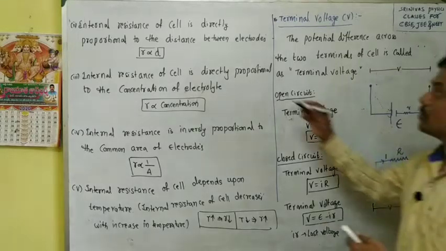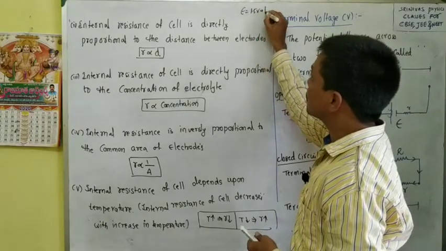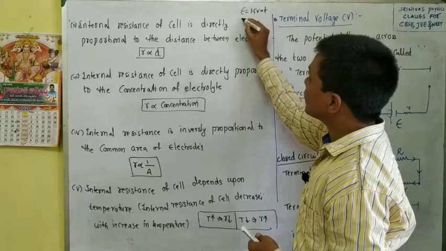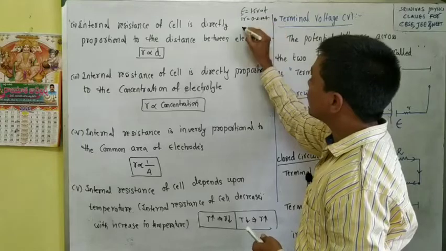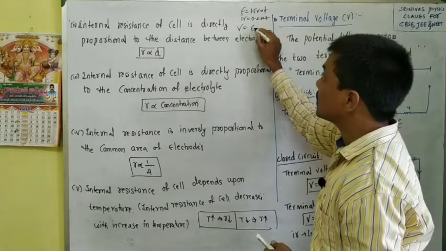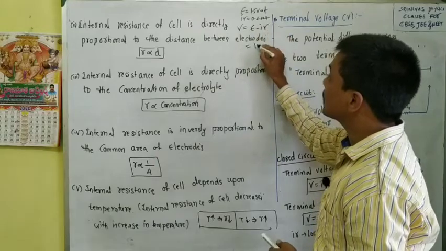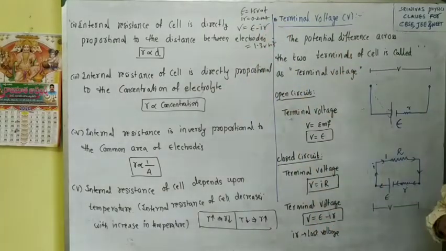For example, the actual voltage is 1.5 volts, but due to internal resistance some voltage drop, for example 0.2 volt, occurs. Then the terminal voltage outside, you will get only E minus IR. That means you will get only 1.3 volts. What is 0.2 volts? It is the loss of voltage.